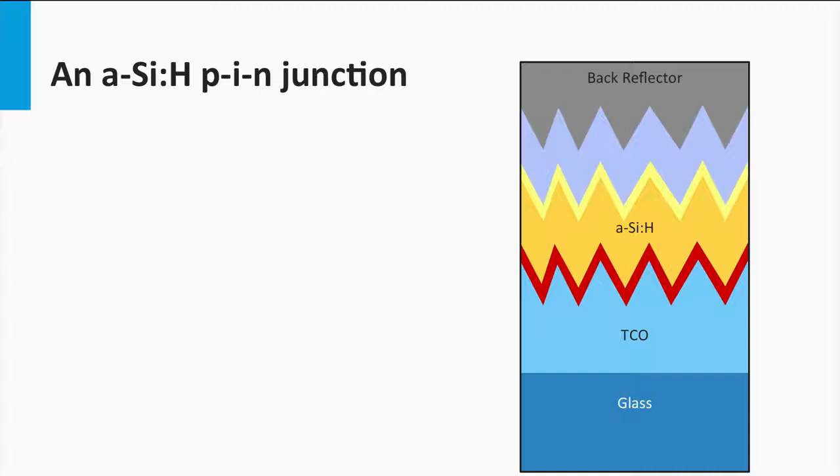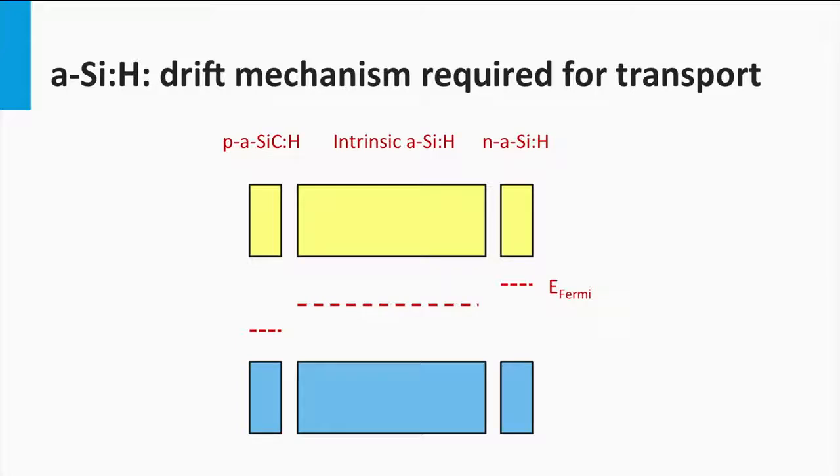The p and n doped layers create a built-in electric field over the intrinsic absorber layer. This can be illustrated by an electronic band diagram of the amorphous silicon solar cell. The solar cell consists of a thin p layer with a typical thickness of only 10 nanometers.